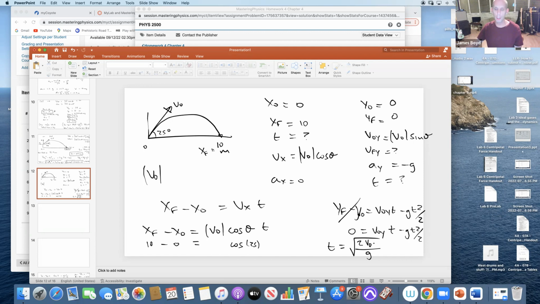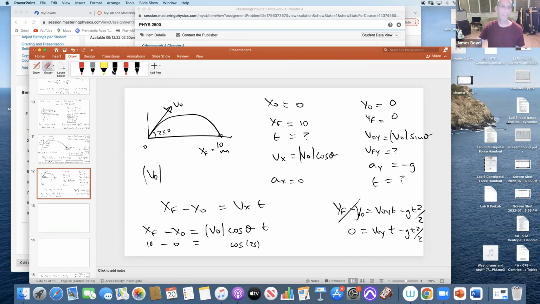Let me go back for a second and rewrite this. I get g t squared over 2 is v naught sine theta times t.